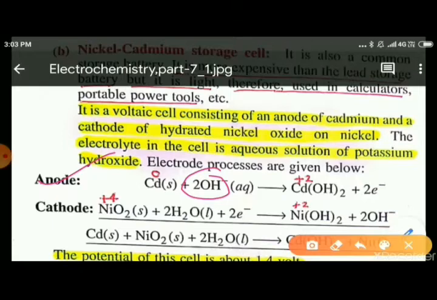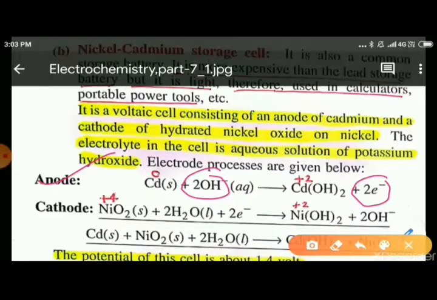In this cell, potassium hydroxide works as the electrolyte. Therefore, in the anode reaction, cadmium reacts with hydroxide to form cadmium hydroxide and loses 2 electrons. In the reactant, the oxidation number of cadmium is 0. In the product, it is +2. Therefore, it is the oxidation half reaction, that is the anode reaction.